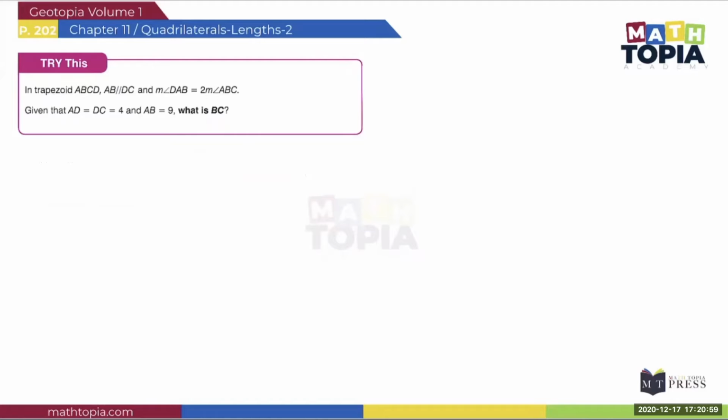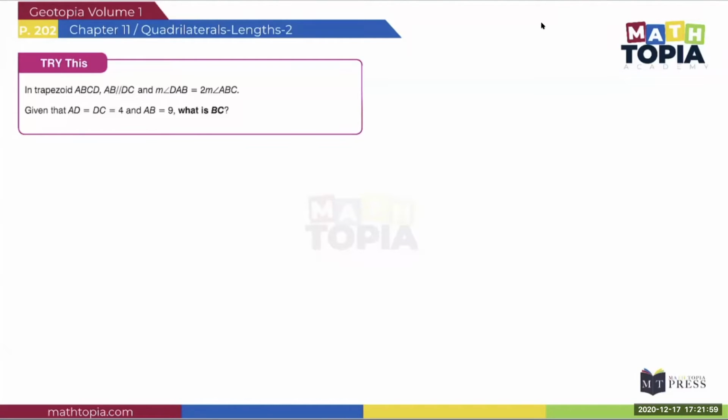Now let's move to chapter 11, another side problem, page 202. Okay, so we have a trapezoid, and this one is a little bit weird.